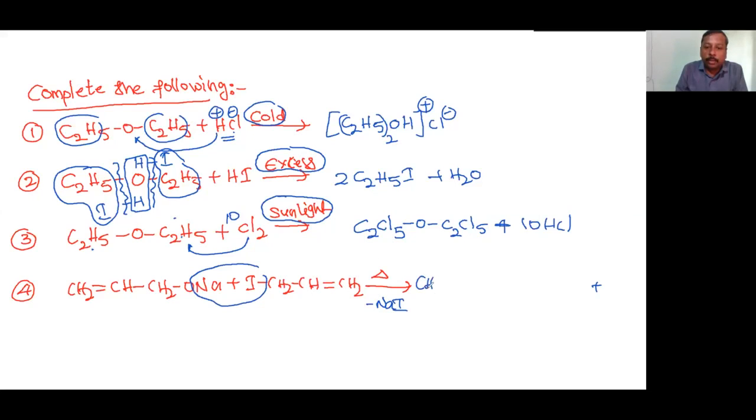Then the product will be CH2=CH-CH2, again oxygen, then CH2-CH=CH2. So minus Na is already written here. Now it is called as a di.